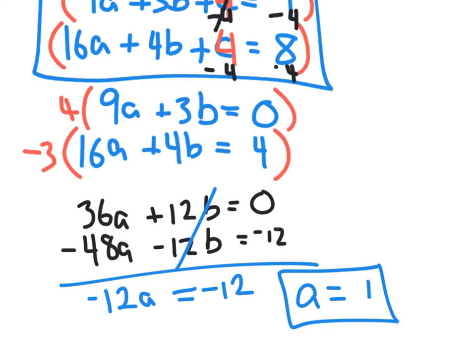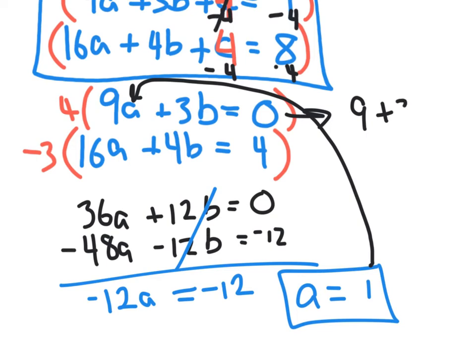Plug it in. So we're going to take the 1 and plug it in right here. So my new equation will say 9 times 1, that's just 9, plus 3b equals 0. And now I could solve it. If I subtract 9 on both sides, I'll have 3b equals negative 9, which means that b equals negative 3 if I divide both sides by 3.